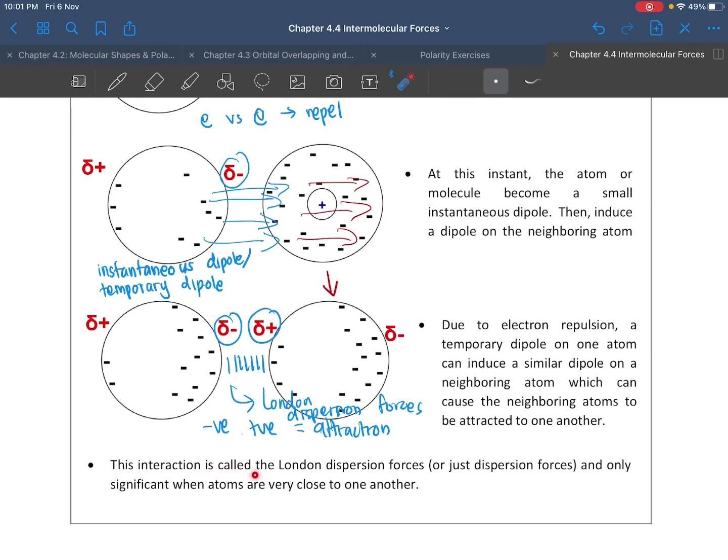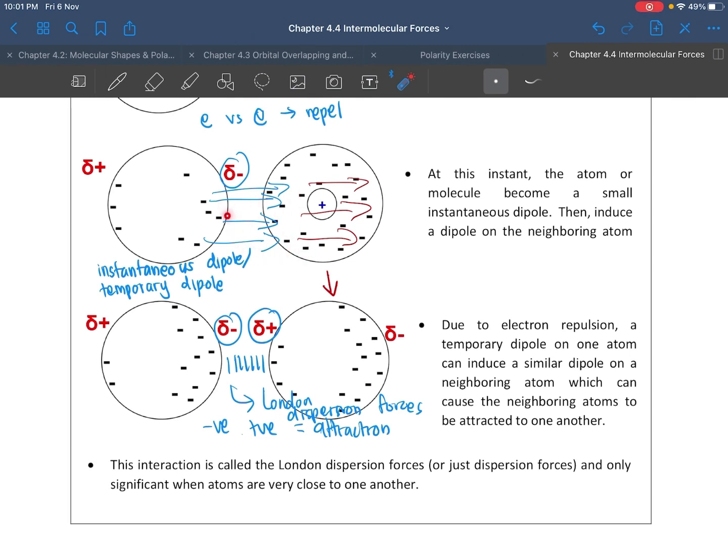So, this interaction is called London dispersion forces or just dispersion forces, and only significant when the atoms are very close to one another. Okay, maksudnya ialah kalau dah atom ni jauh-jauh ataupun molekul tu jauh-jauh, macam mana this elektron nak repel elektron yang dalam molekul lagi satu kan?